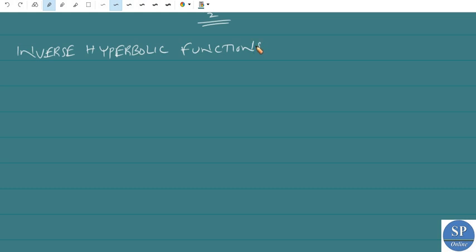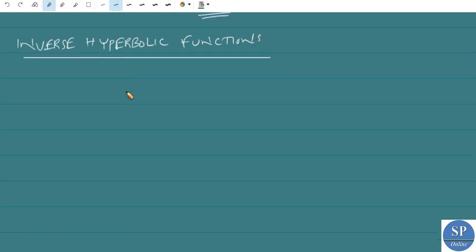Inverse hyperbolic functions. The inverse hyperbolic sine, cosine and tangent are given by sinh inverse of z is equal to ln of z plus square root of z square plus 1. Ln of z plus square root of z square plus 1.